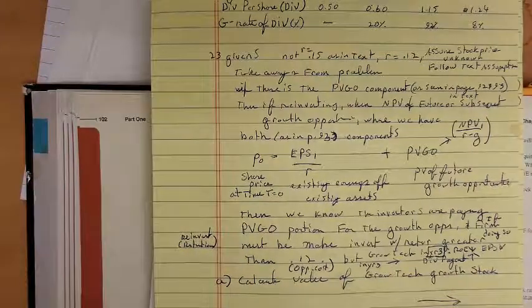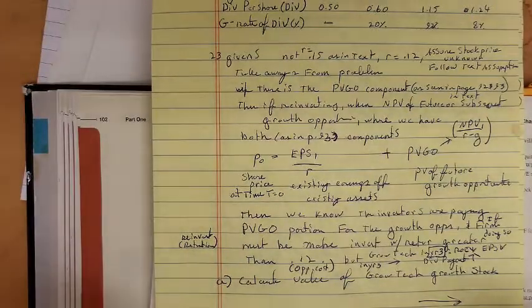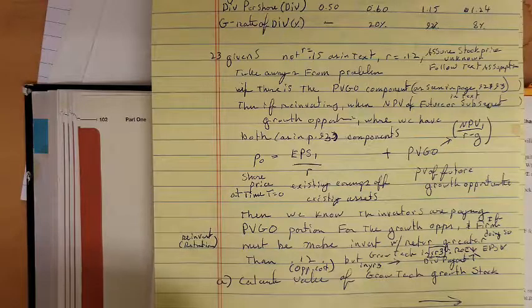Why? Because the general gist of it is that we know that investors are paying, I mean, in other words, investors are paying the PVGO portion for the growth opportunities.